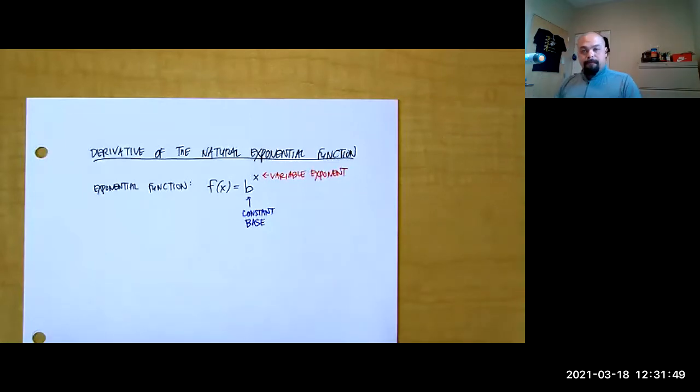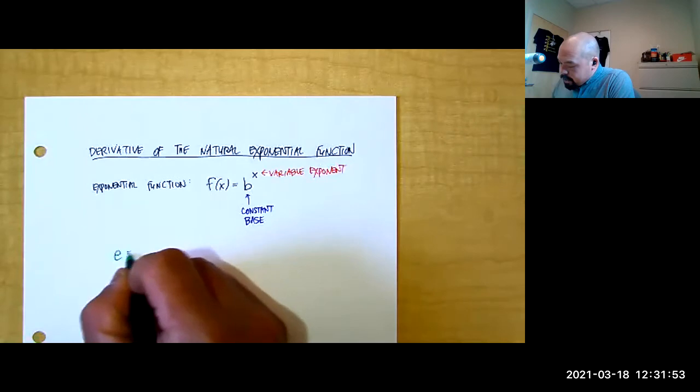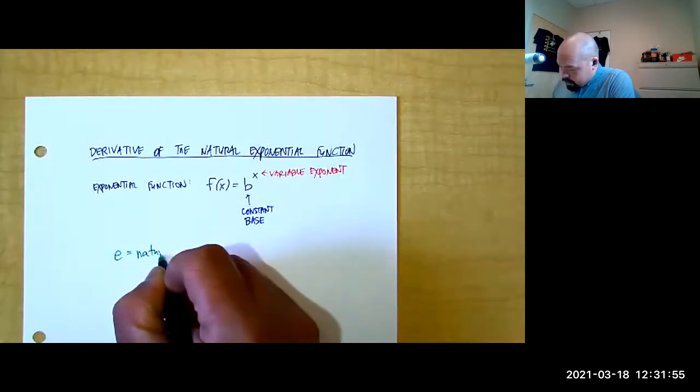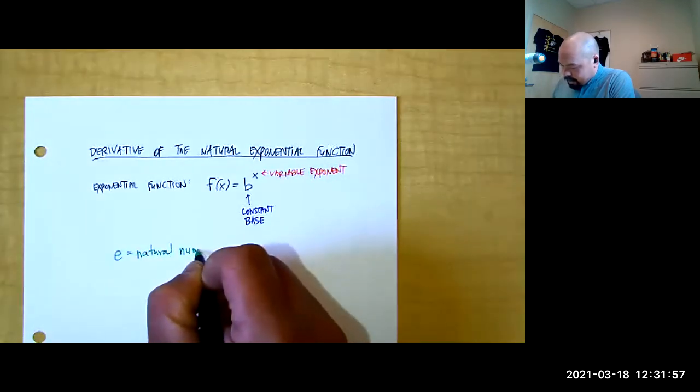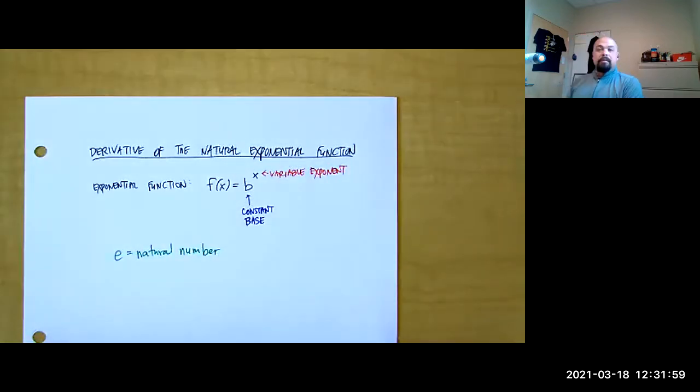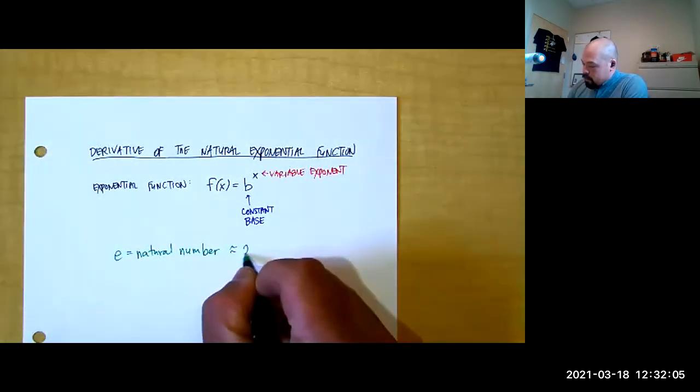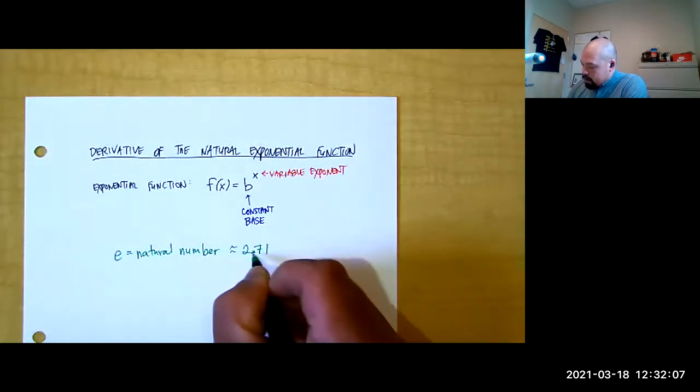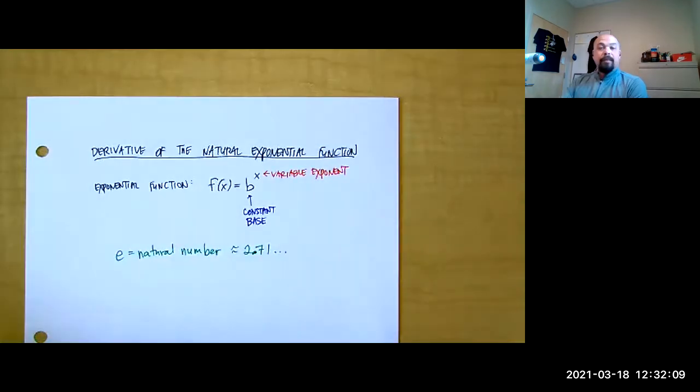Now we've reversed it. And so then here, e, our natural number, right, that we see a lot in our sciences, biology, physics, chemistry, so on, okay? Approximately 2.71 something, something, something. Okay, kind of like pi, it's just a constant.